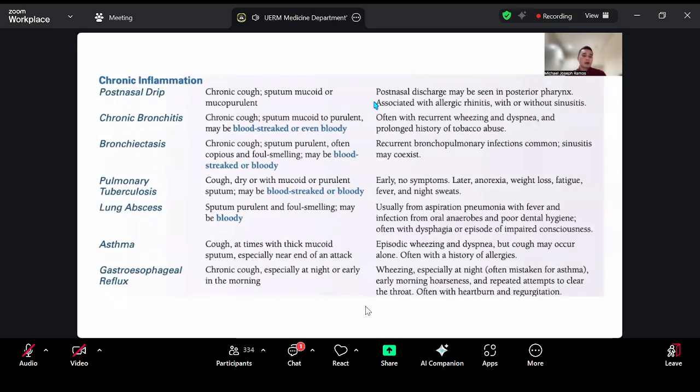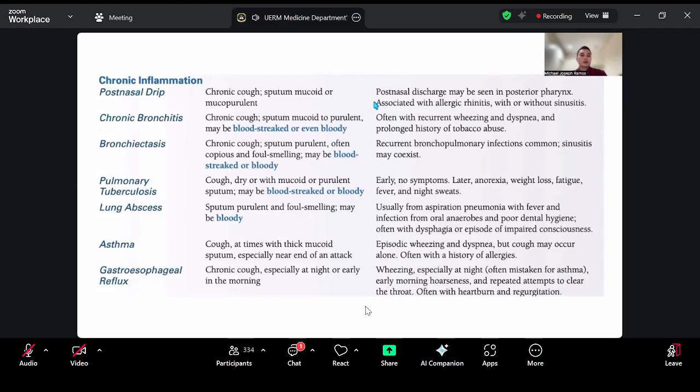This is common among the pediatric population, but not among the adult or elderly population. And the history of allergy and the association of cough with exposure to triggers of asthma raises the suspicion for a cough variant type of asthma.